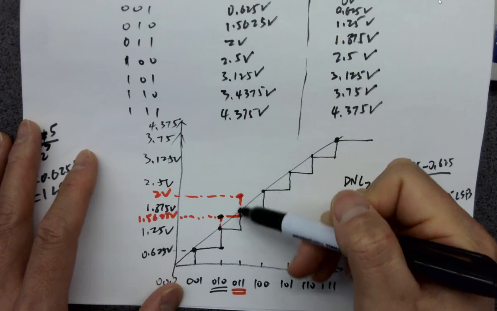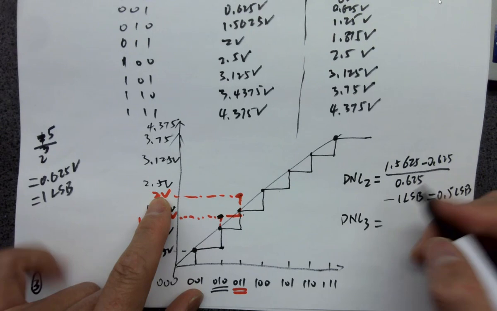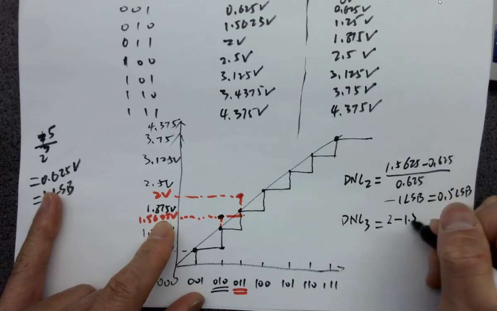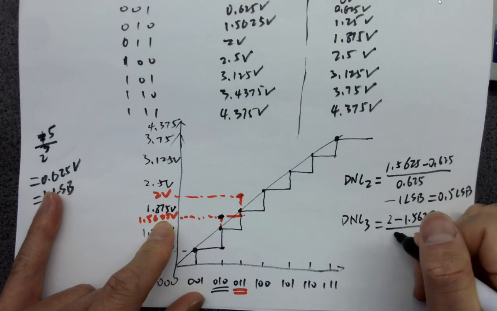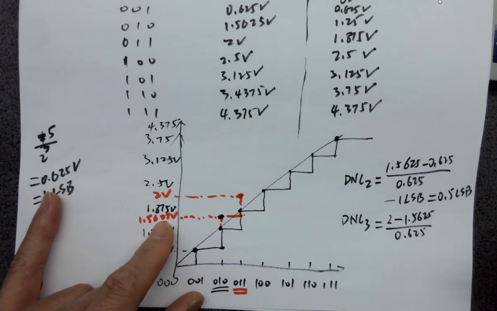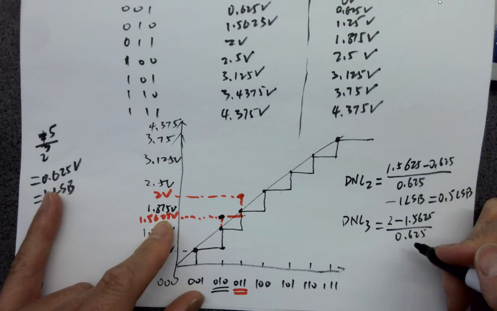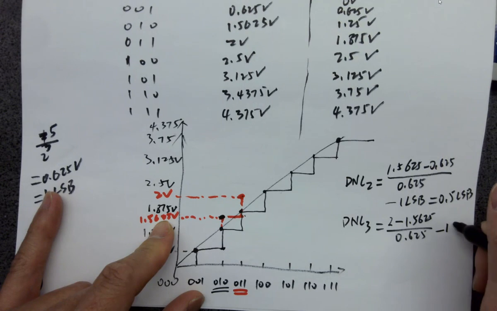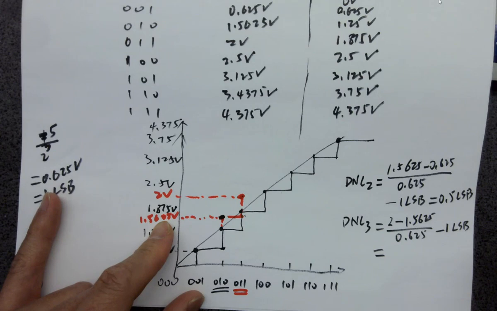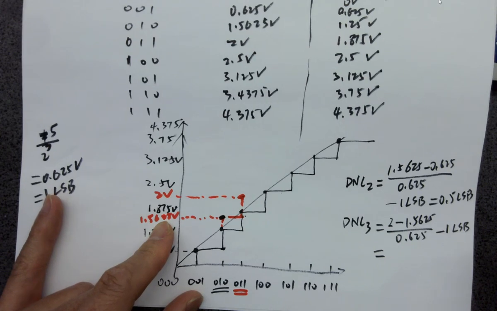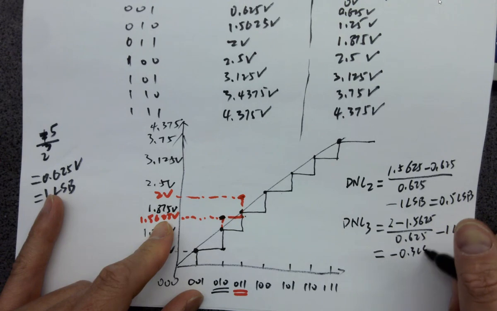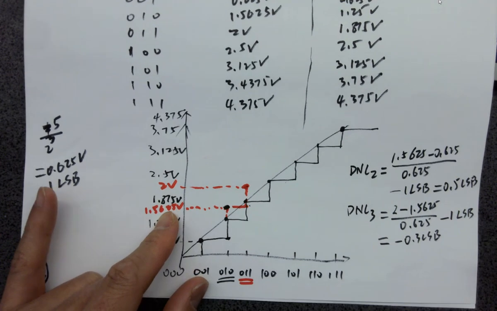So this time you are using 2 volts over here minus 1.5625 volts, divided by the same 1 LSB's analog voltage, which is 0.625 volts. This is how many LSBs you have for that step, and minus 1 LSB, still 1 LSB always. And this is going to give you DNL 3, which is negative 0.3 LSB.